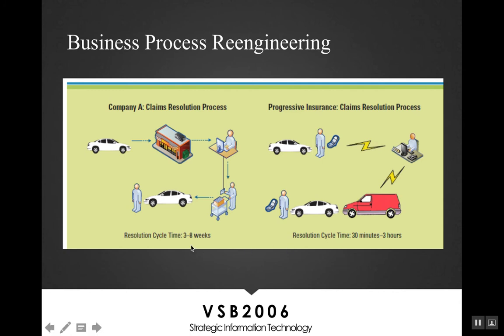You have an accident, you schedule an appointment, you bring it in, the claims adjuster will evaluate and pass that information off, and information would be passed over identifying a repair shop. So the end-to-end resolution time could be 3 to 8 weeks, depending.